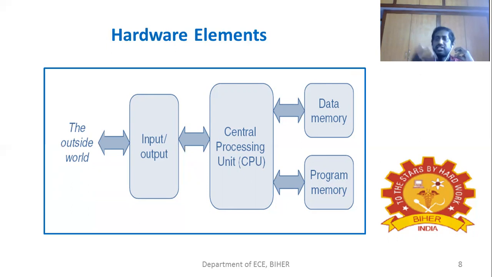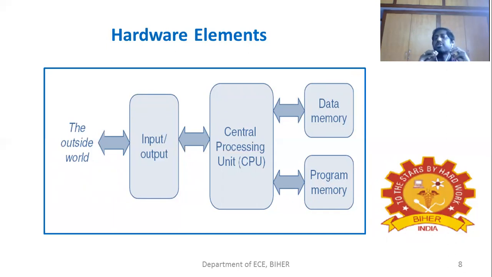Arithmetic operations such as addition, subtraction, like this, and logical operations AND, OR, XOR. So this arithmetic logic unit is responsible for doing this, and the control unit is responsible for controlling the timing signals and other control signals, read, write, these control signals. So the CPU is the combination of both arithmetic and logic unit and control unit.